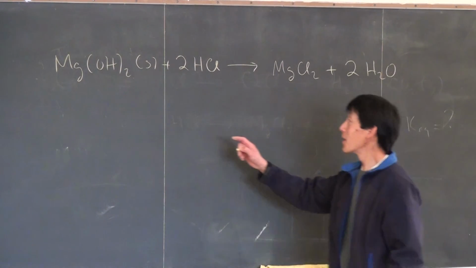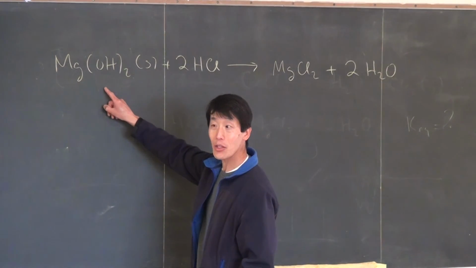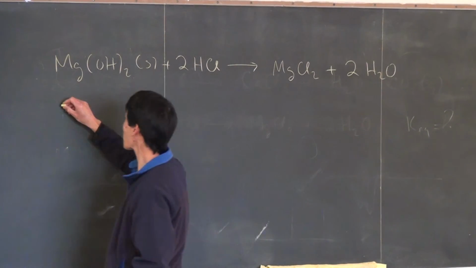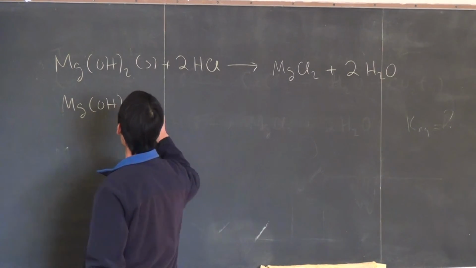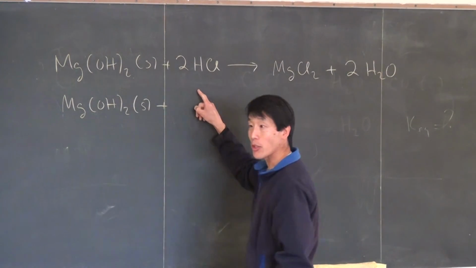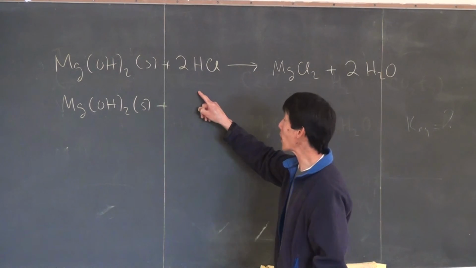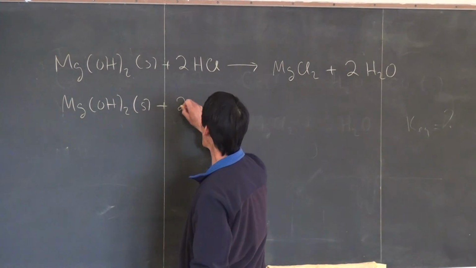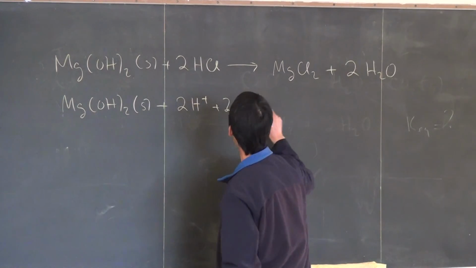So in our ionic equation, do we want to break up magnesium hydroxide into ions? Do we want to break up HCl into ions? Why? Because this is a strong acid, so we break it up into 2H plus and 2Cl minus.